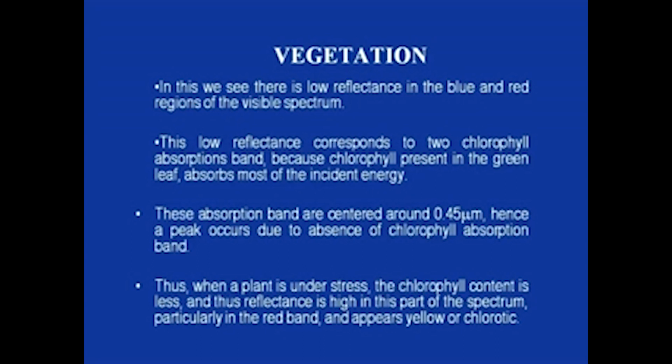These absorption bands are centered around 0.45 micrometers, hence a peak occurs due to the absence of a chlorophyll absorption band. Thus, when a plant is under stress, the chlorophyll content is less and thus the reflectance is high in this part of the spectrum, specifically in the red band, and the plant appears yellow or chlorotic.